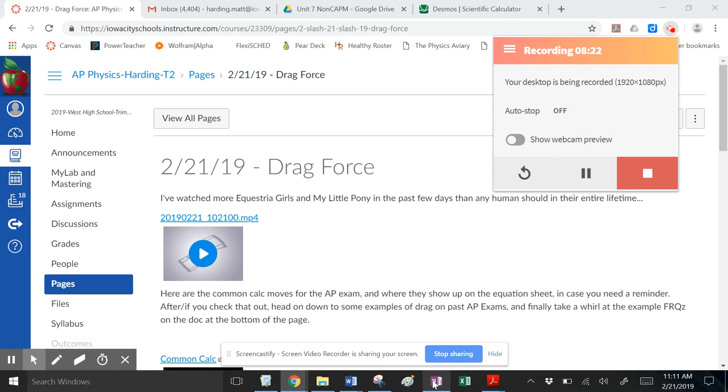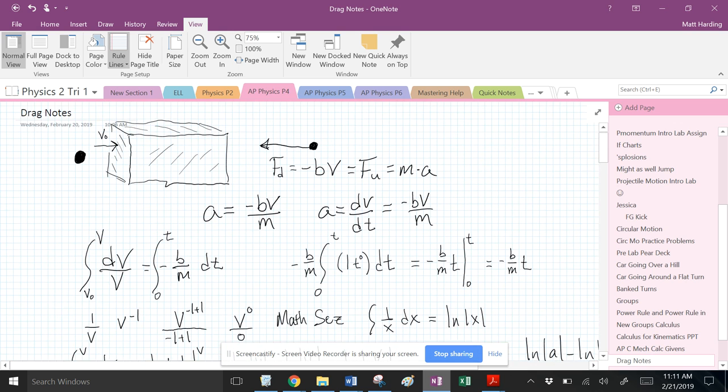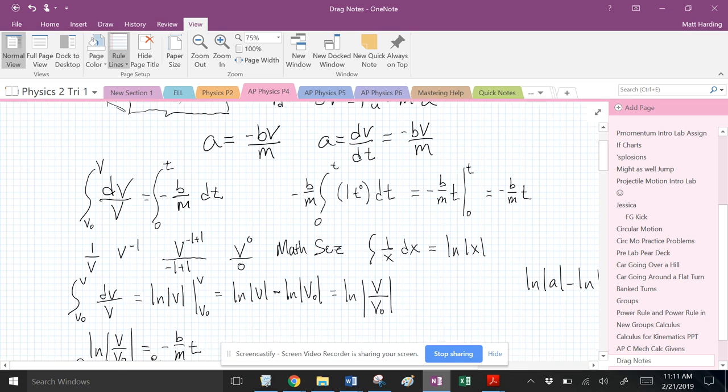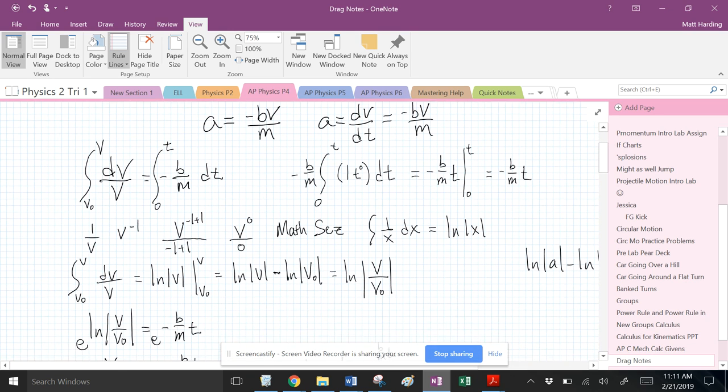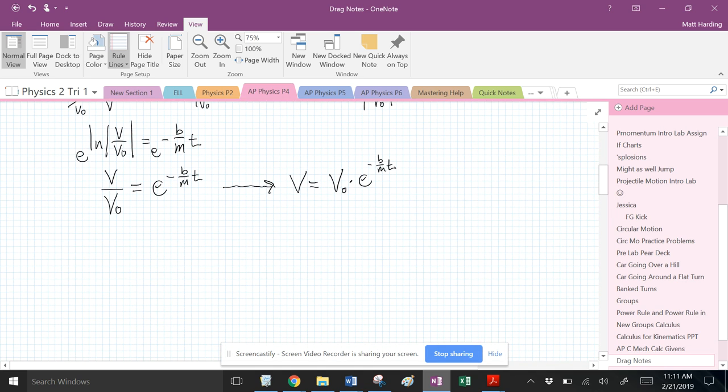All right, so now we have the velocity as a function of time. If we want the acceleration as a function of time, because that acceleration is going to change in time, then we can say acceleration equals dv dt, and we want the derivative of this expression we got for the velocity as a function of time.